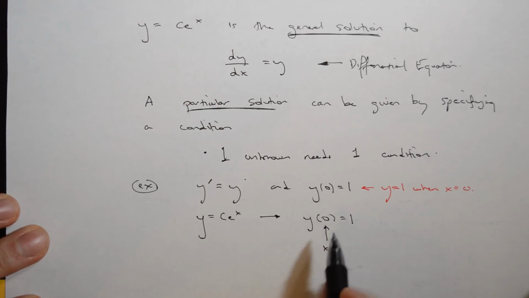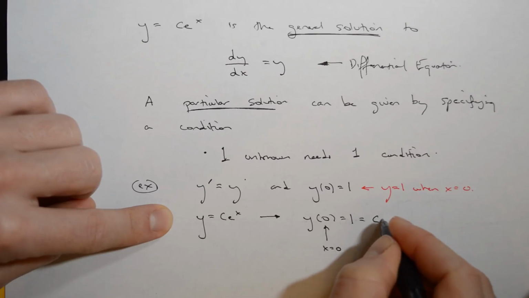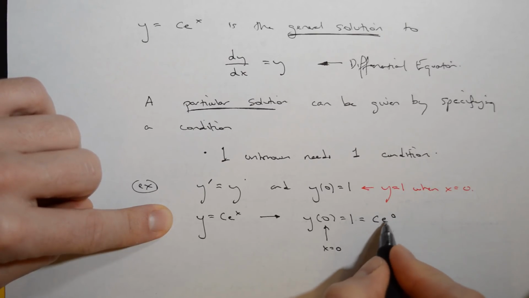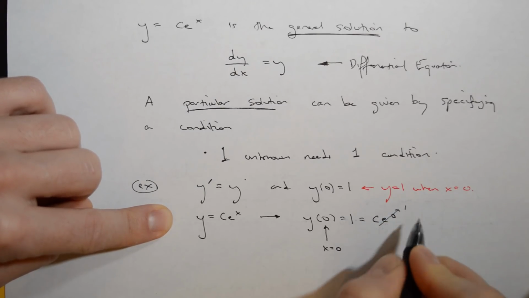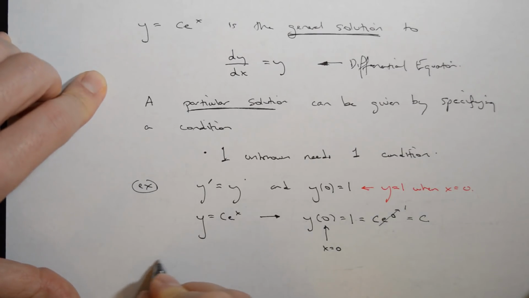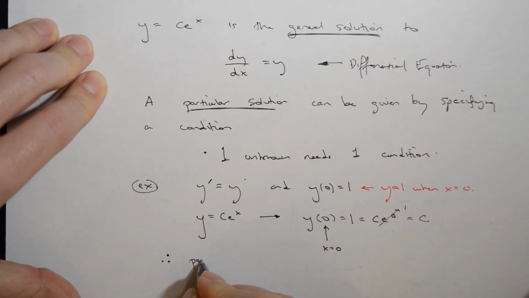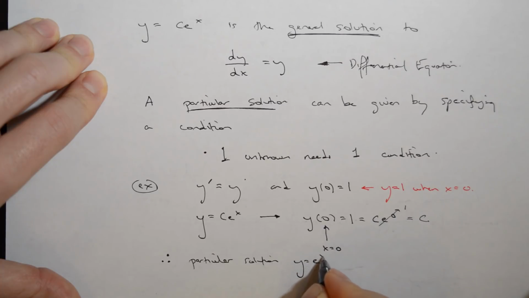So in this case, when x is equal to 0, plugging that into y, we would have c e to the 0. E to the 0 is 1, and so this just becomes c, hence c equals 1. Therefore, we get a particular solution y equals e to the x, which is where c is equal to 1 in the general solution.